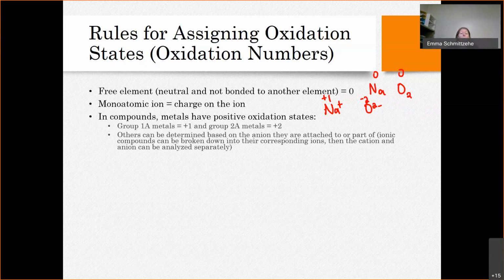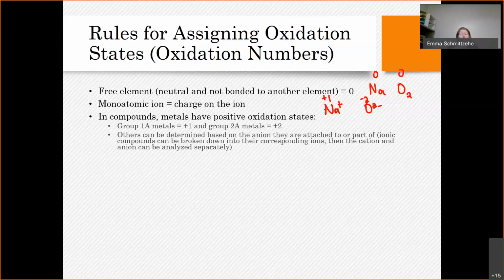Specifically, if you have a group 1 metal, in the first column of the periodic table, whenever any of those are in a compound, they're always +1. And if you have a group 2 metal, whenever they're in a compound, they're always +2. So the first and second columns of the periodic table have constant charges when they form an ion, so their oxidation states are also constant.